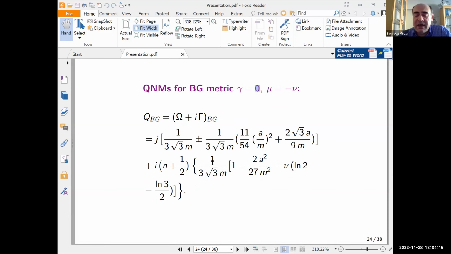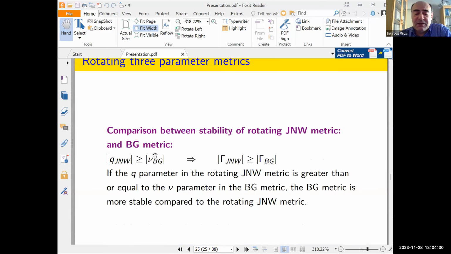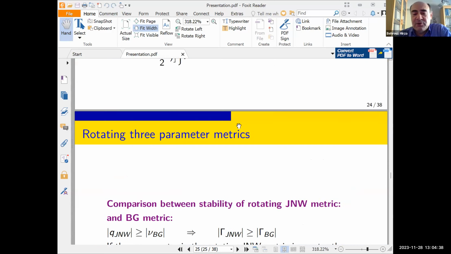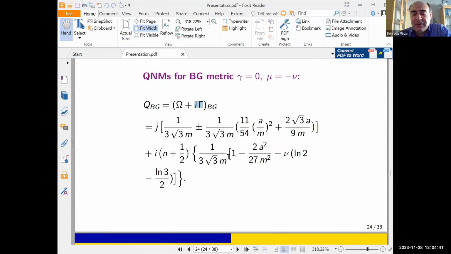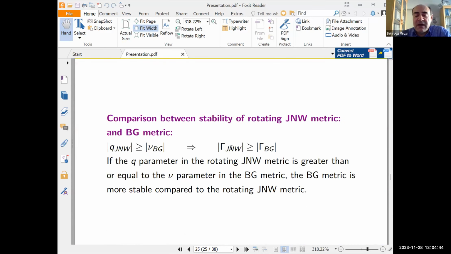It is as follows, and we can compare these quasi-normal modes, and the imaginary parts may give us the stability of these metrics. We can see easily that the quasi-normal modes of JNW and the quasi-normal modes of the other special value, the Bogosh-Galistov metric, give us some different parts, so that we can say that the JNW metric is less stable than the BG metric.